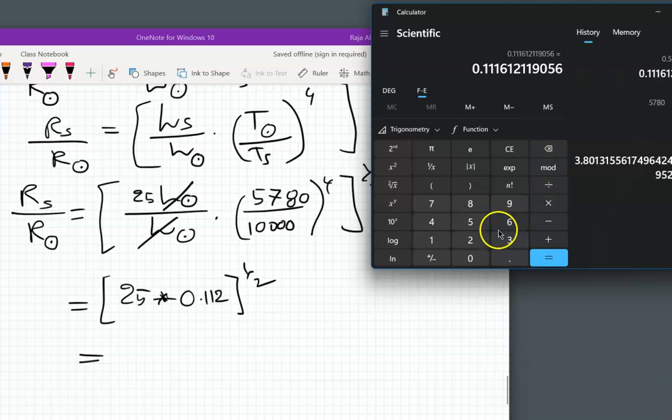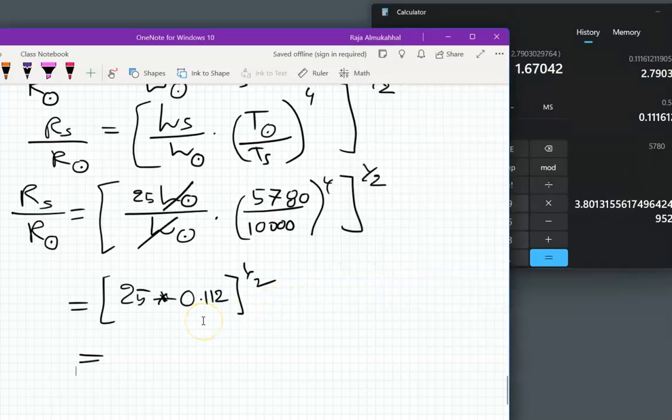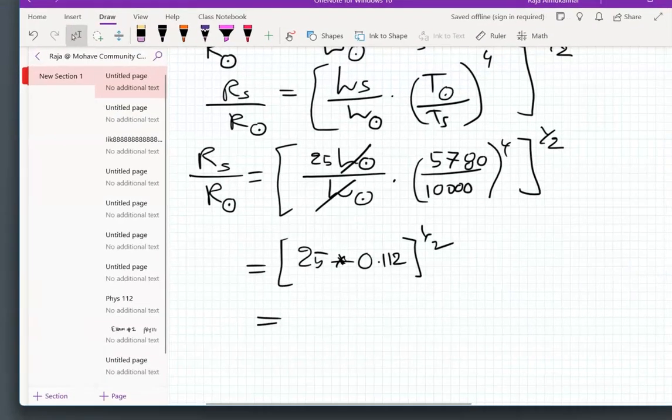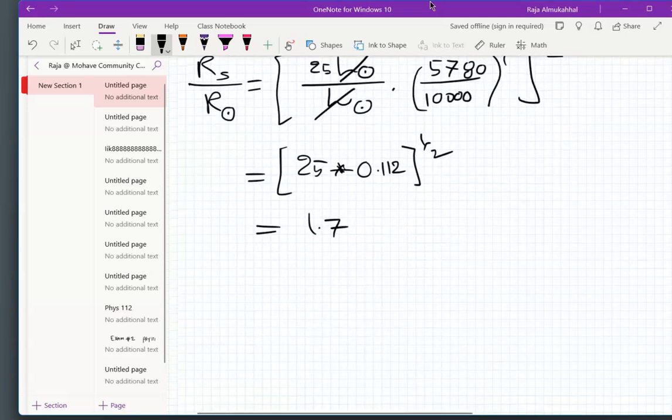So this times 25, that gives me that. Take the square root of that. I think I'm seeing the 1.7. There we go. Yes. Okay, so I don't know what mistake I made, but now it looks correct. So there we go, it is 1.7. What that means, guys, is that the radius of Sirius is 1.7 times that of the sun.